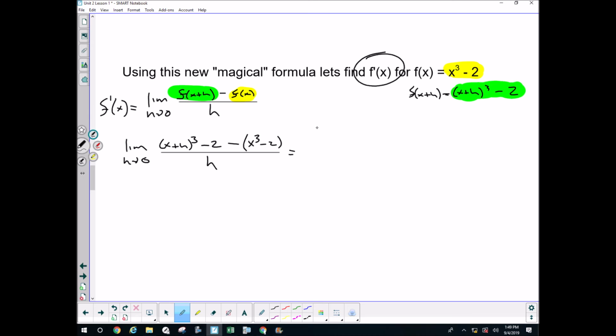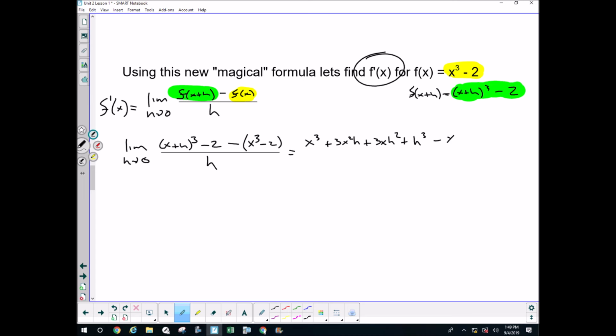Now, x plus h cubed, if you remember the binomial theorem and Pascal's triangle, is x cubed plus 3x squared h plus 3xh squared plus h cubed. If you don't remember that, you can just multiply x plus h times x plus h, and then multiply by x plus h again, you get that.